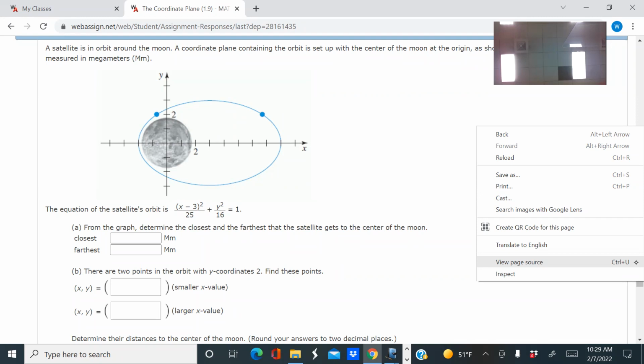So it says, from the graph, determine the closest and furthest that the satellite gets to the center of the moon. Now, the center of the moon there is at the origin, right? That's the way they've got the picture drawn. So center of the moon is at the origin. Notice that the moon is going to be one of the focal points of this ellipse. So they've drawn this picture so that the left focus of this ellipse is at 0, 0.